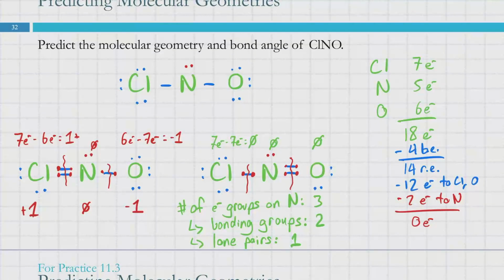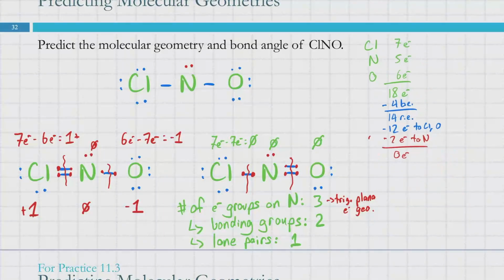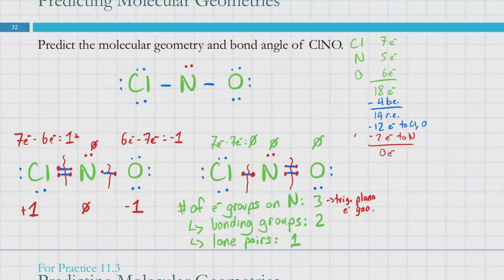So thinking about our shape, 3 groups means trigonal planar for the electron geometry. This can be helpful if we want to think through our shapes. If we want to just memorize it, or look it up on a table, it doesn't matter. We just look it up on the table.